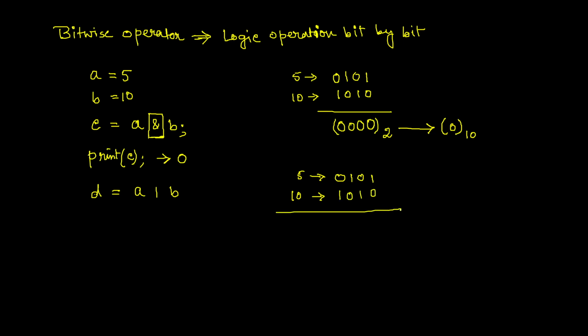If I do bitwise OR, that means a bit by bit OR operation will be done. You can see that 5 and 10 are complementary in their 1 0 combinations. In case of an OR operation, we know that if one of the inputs is true, then the output will be true, right? So the output will be 1 for this case, similarly 1 for this case, 1 for this case, and 1 for this case.